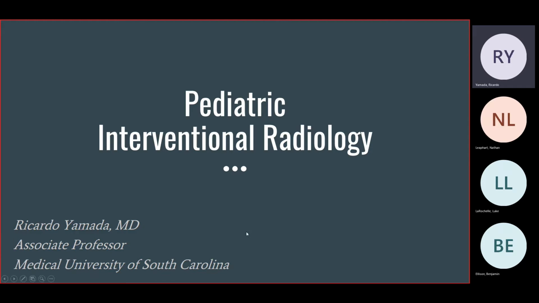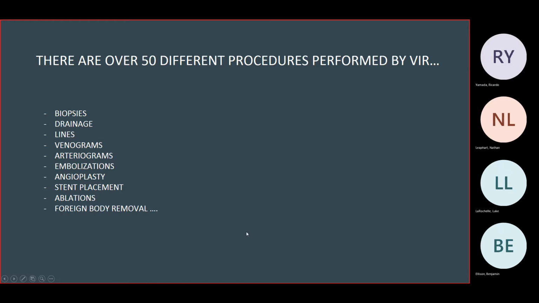So moving forward, overall, one of the nice things in IR is that we do so many different procedures. Last time I checked, there were over 50 different types of procedures that we as interventional radiologists could perform in a patient.